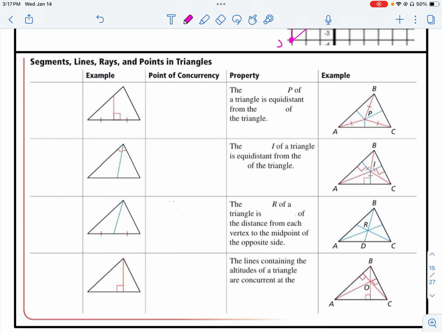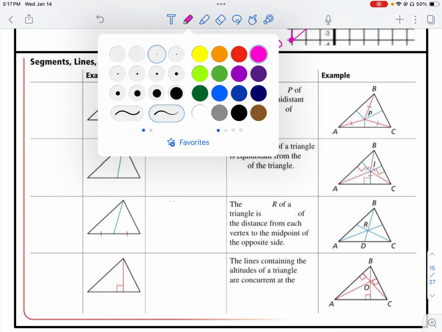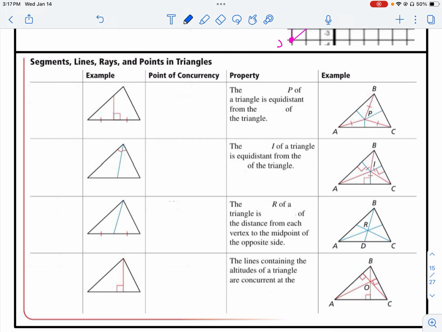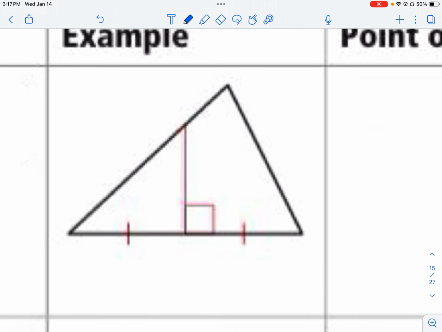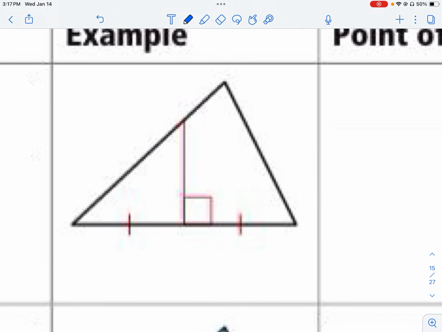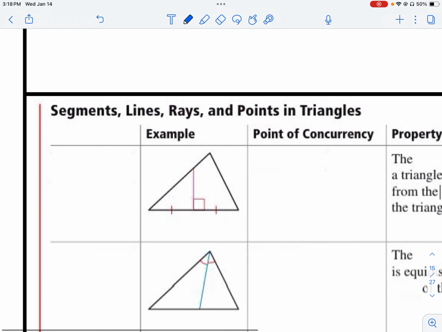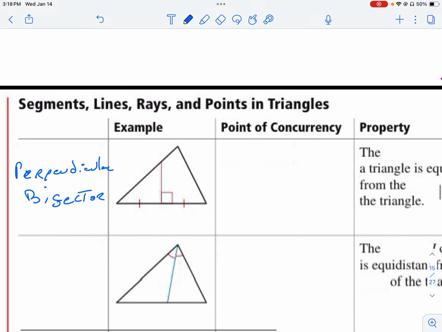So let's put together a quick little primer and remember all the things we have for the segments and triangles. So right here, we have a segment at a right angle that bisects it, so it is perpendicular. And it bisects it because it cuts it in half. It's a perpendicular bisector.